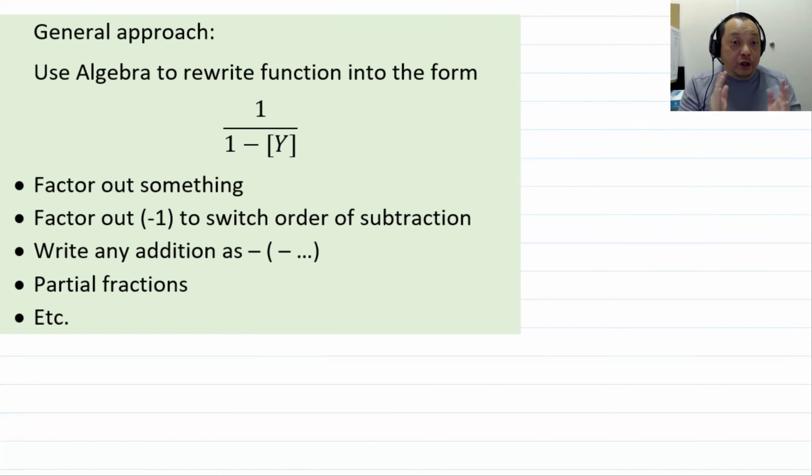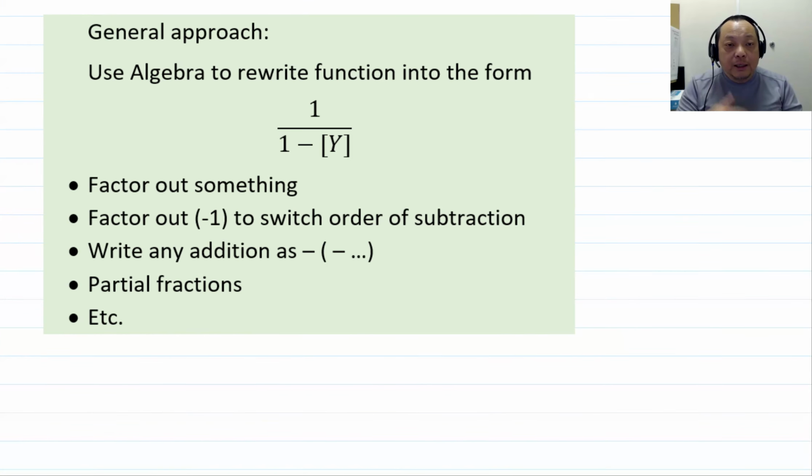All right, so the general approach is to use algebra to arrive at the form 1 divided by 1 minus some quantity y. The algebra involved may be factoring out something. It could involve factoring out a factor of -1 in order to switch the order of things, or writing any addition as minus a negative.